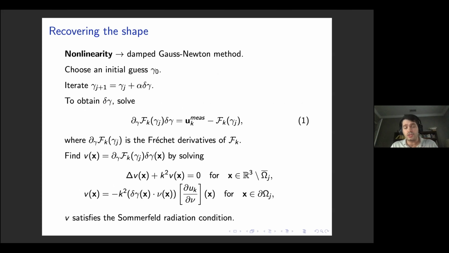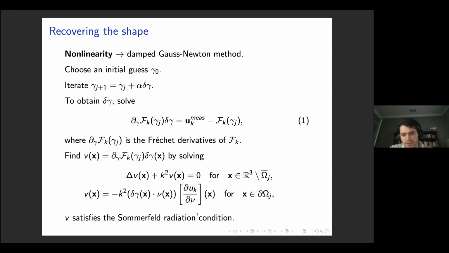What we pretty much do is choose an initial guess, gamma 0, and then we're going to update this initial guess in this way with the Gauss-Newton method, where you find the update of the curve by solving this problem here, where we call this operator on the left side the Fréchet derivative of the forward operator, and it's given by solving this Helmholtz equation here.